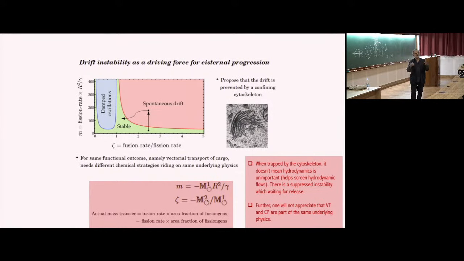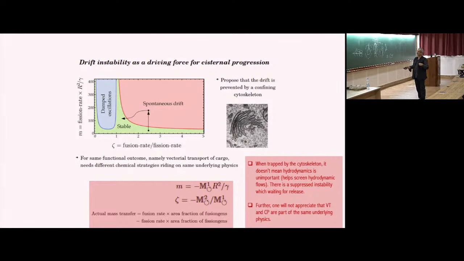How fast that is depends on the properties of the meshwork. But despite that, there is a suppressed instability which is waiting for release. There's an instability both in terms of shape changes and movement. And the moment you disturb or loosen the scaffolding, possibly this will be released. And so you'll miss all that physics if you don't include hydrodynamics.